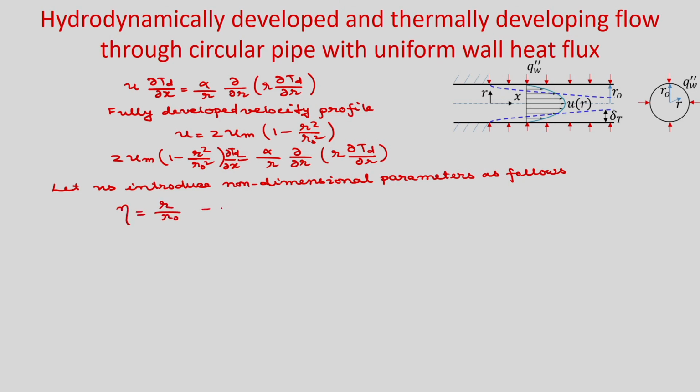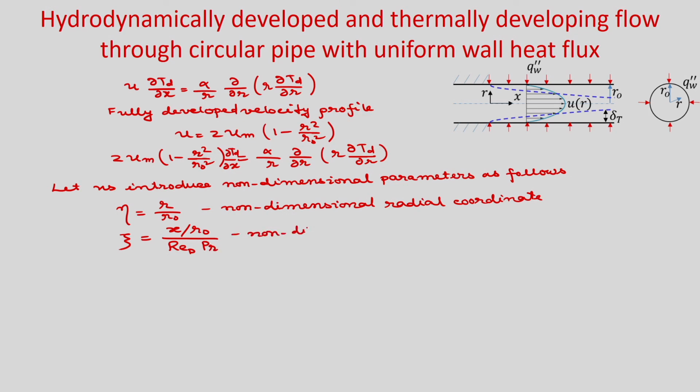This is your non-dimensional radial coordinate. Then ζ we will write as x by r_0 divided by Reynolds number based on diameter into Prandtl number. This is your non-dimensional axial coordinate.